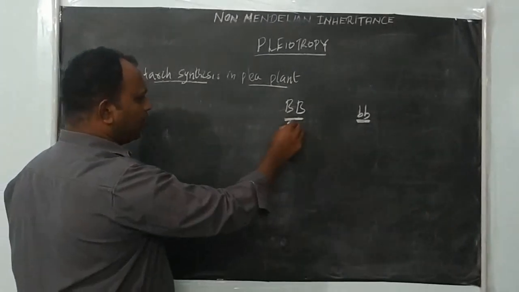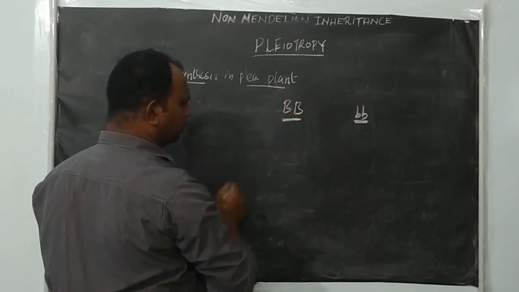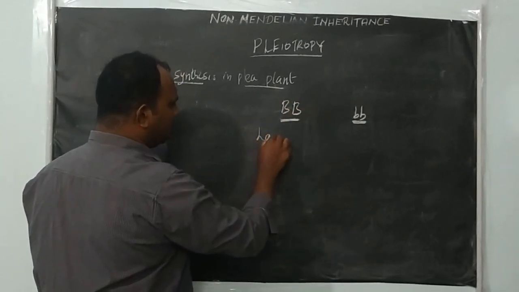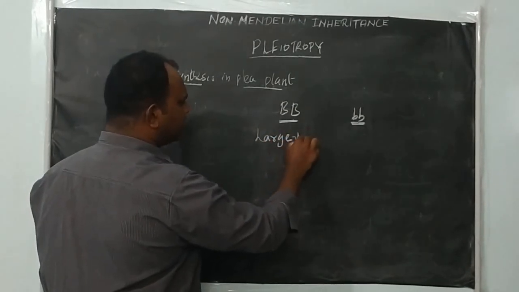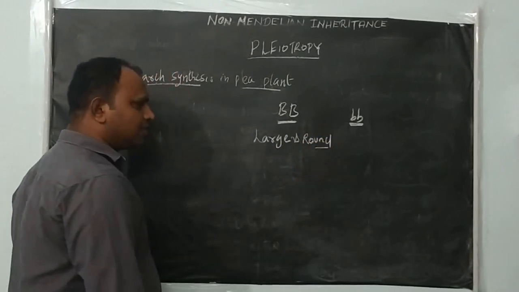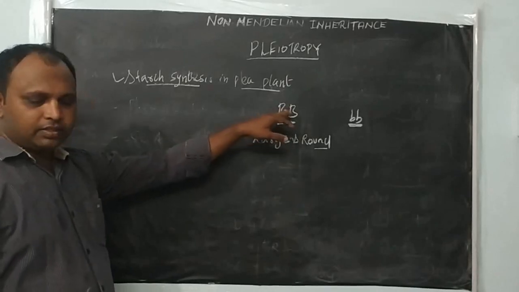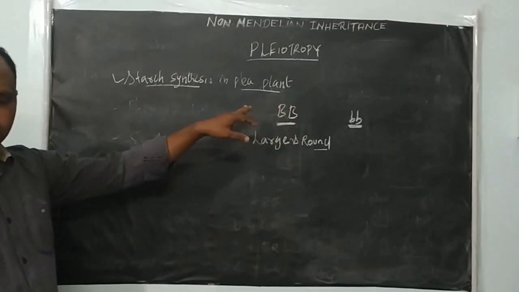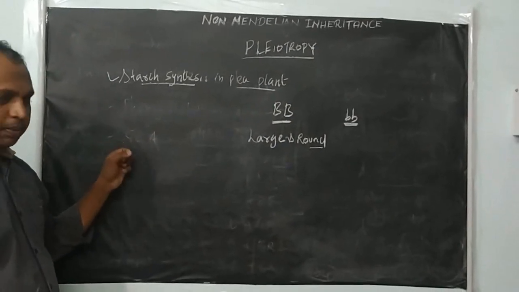If the pea plant has the dominant alleles BB, it produces large size seeds, and the seeds also look round in shape. Why are the seeds large? The BB gene efficiently produces starch in the pea plant.